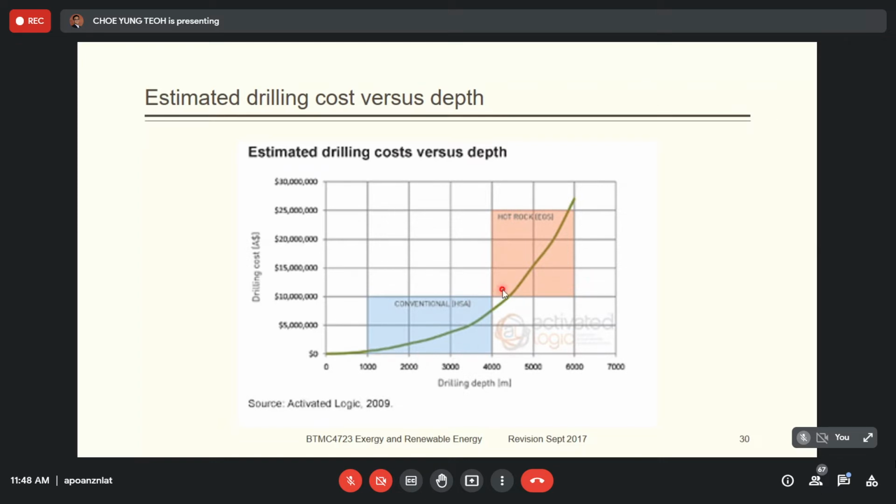Hot rock is normally too deep, and somehow the water will not reach that area. So normally if you have water at a location closer to the Earth's surface, we won't go and expose the hot rock formation.